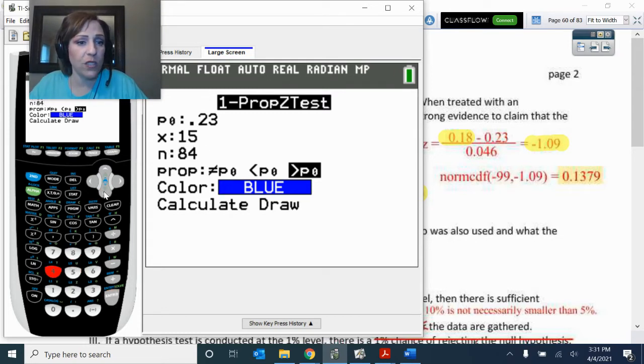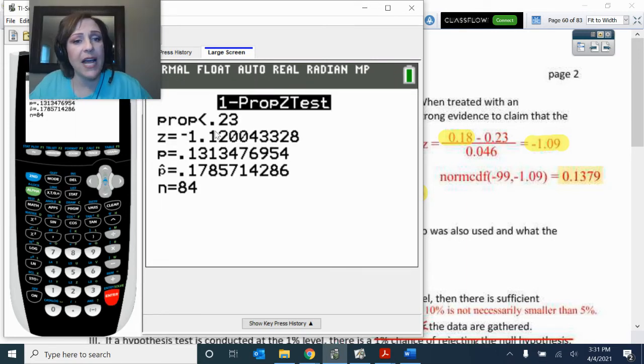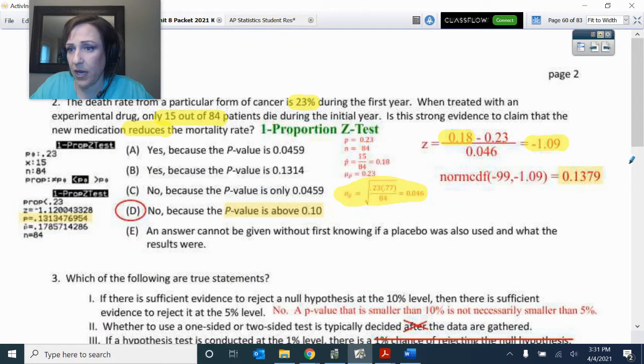And then it was wondering if it has gotten less than the null hypothesis. It's gone lower than, and then there you go. So it has a little bit different, negative 1.12. The p-value is 0.1313, which is a little different than what I got, but the decisions are the same.